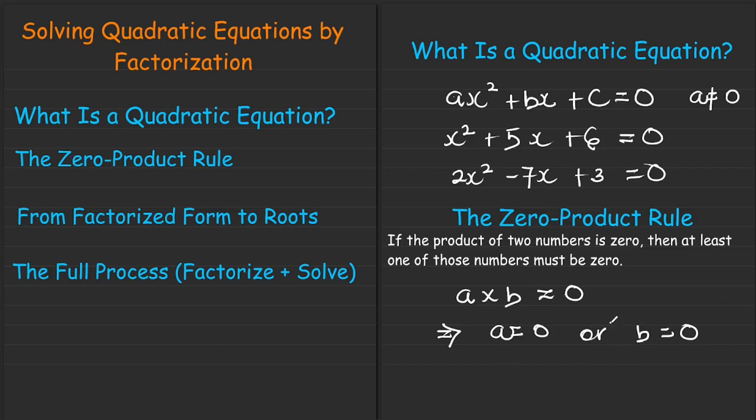And it is this idea that we use to solve quadratic equations. So in algebra, if you are able to factorize your terms such that you have the bracket x plus b and the bracket x plus a equal to 0, then we say that either this bracket is equal to 0 or this bracket is equal to 0.